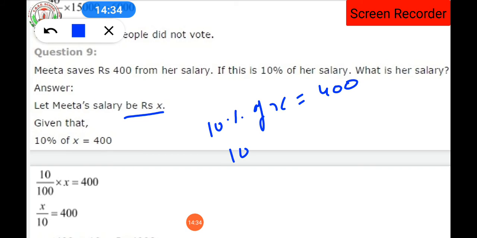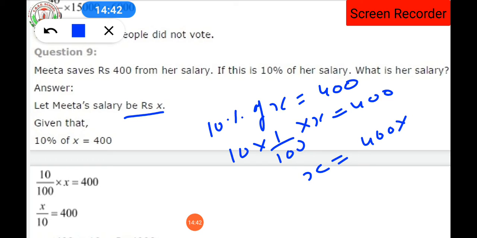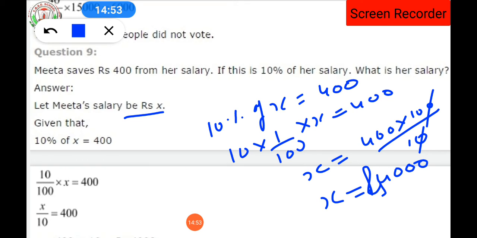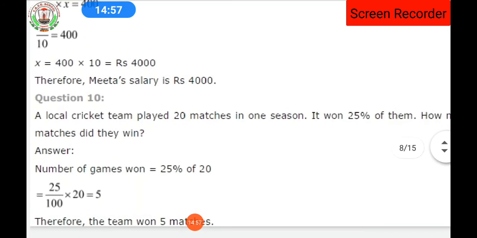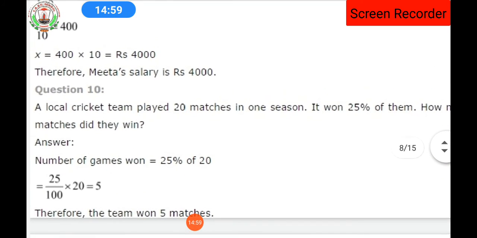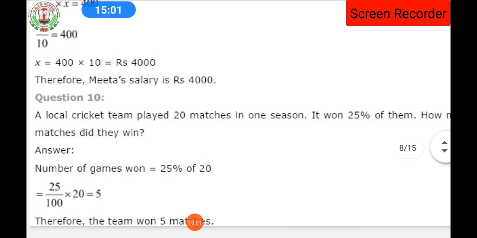So 10 into 1 upon 100 into X is equal to 400. So X is equal to 400 into 100 upon 10. Here 10 will get cancelled. 400 into 10 will be 4,000. So the total salary of Meeta is 4,000 rupees.